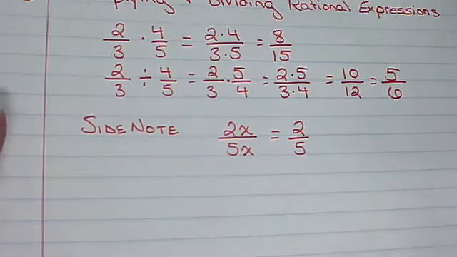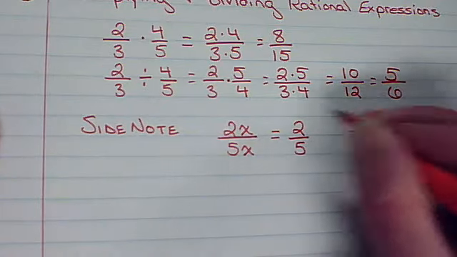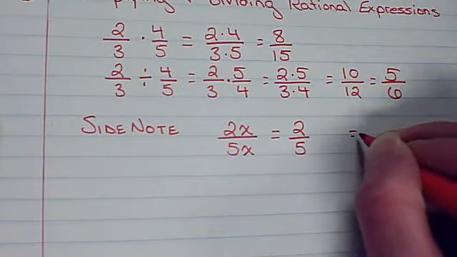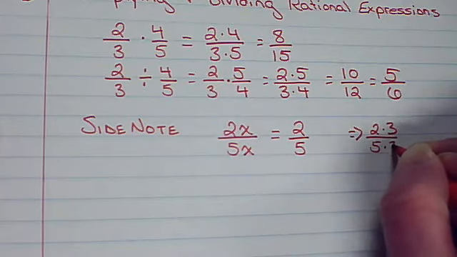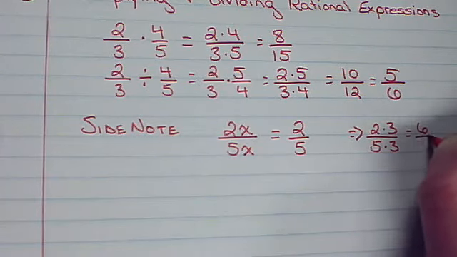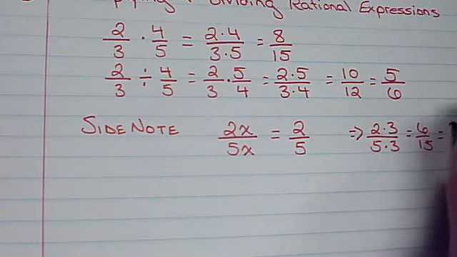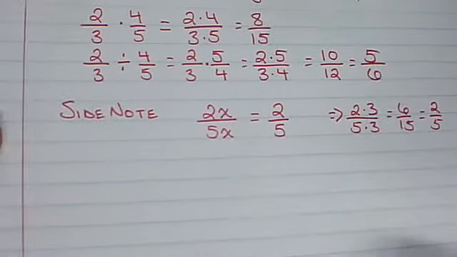When you are doing what your teacher may have called canceling out, you're actually dividing. And this works because let's say it had been 3 in for x. 2 times 3 over 5 times 3, 6 over 15, truly does reduce to 2/5. So that's why it works.